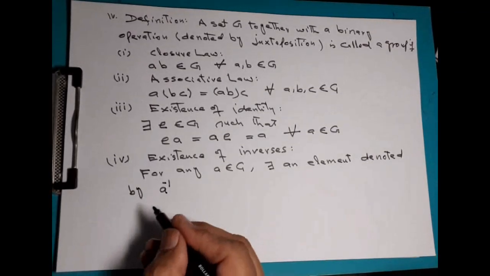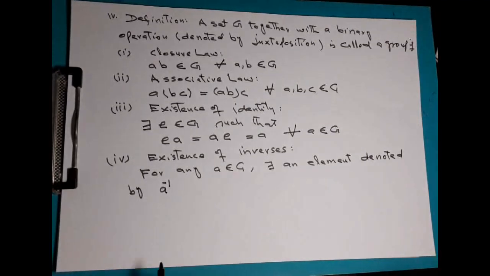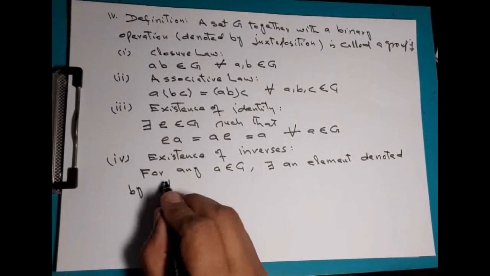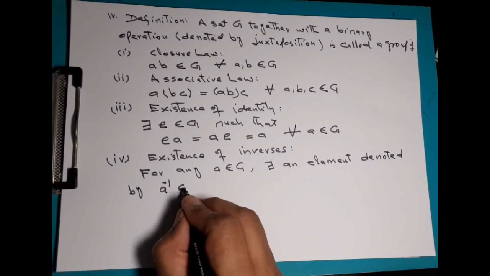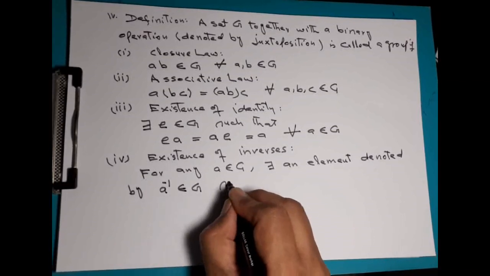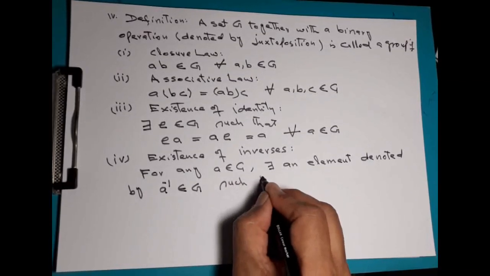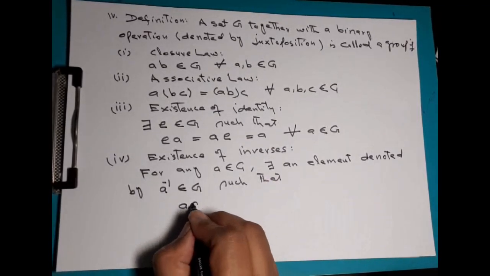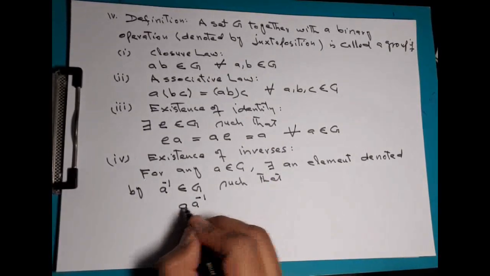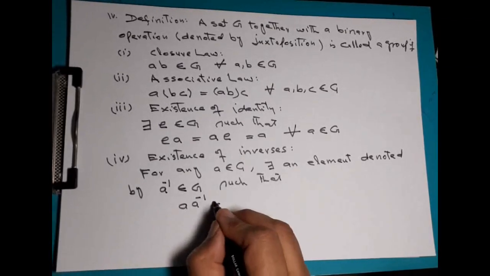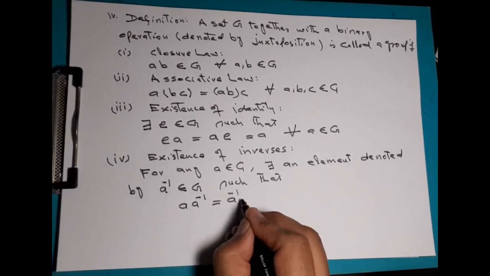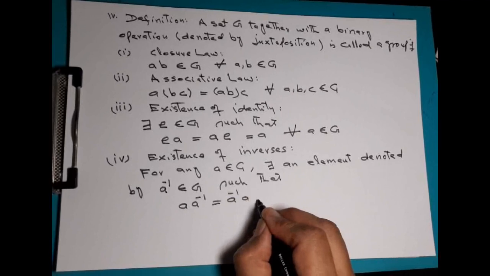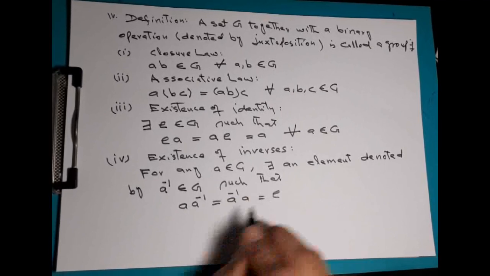So this is just a symbol. There must exist an element denoted by A minus 1 belonging to G such that A operated with A inverse is equal to A inverse operated with A, which is equal to the identity element E.